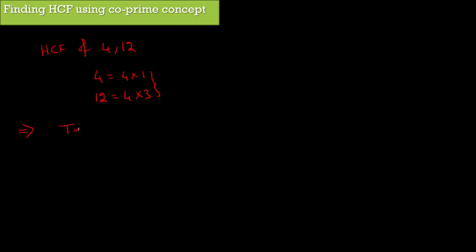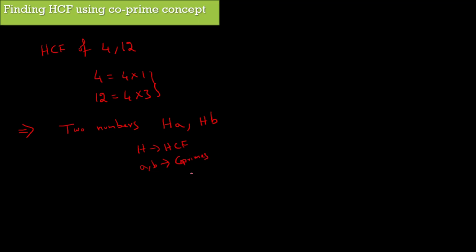Let us say there are two numbers. The numbers will always be in the form of HA comma HB, where H represents HCF and A comma B should be co-primes.